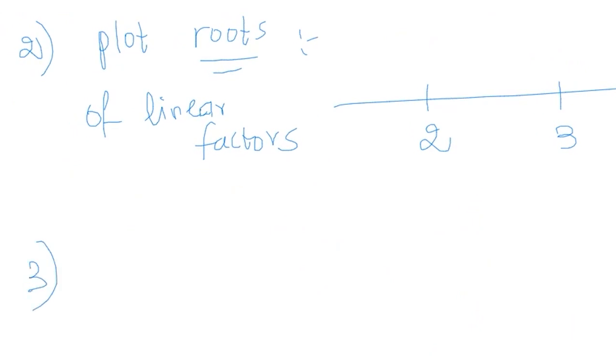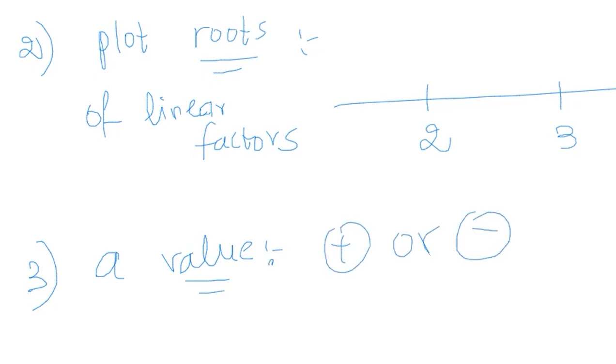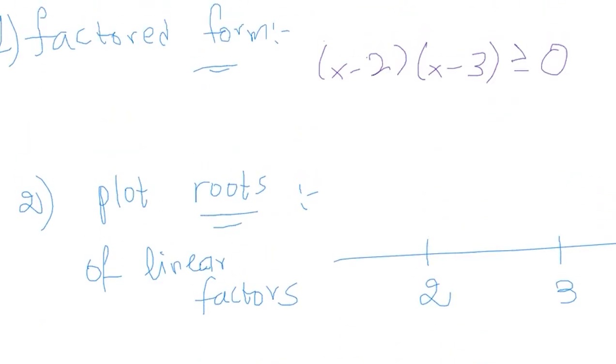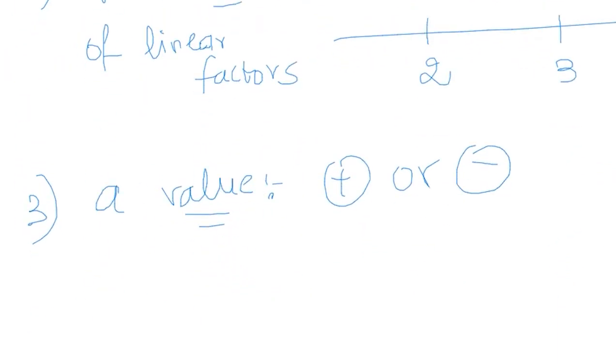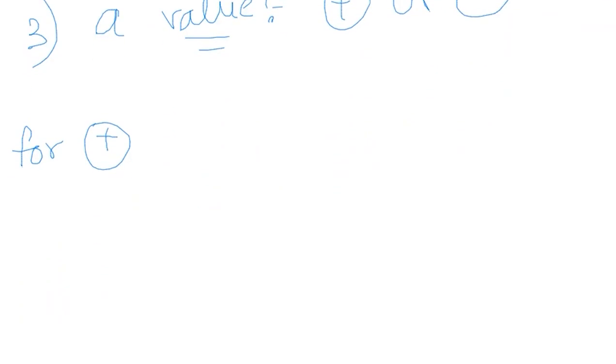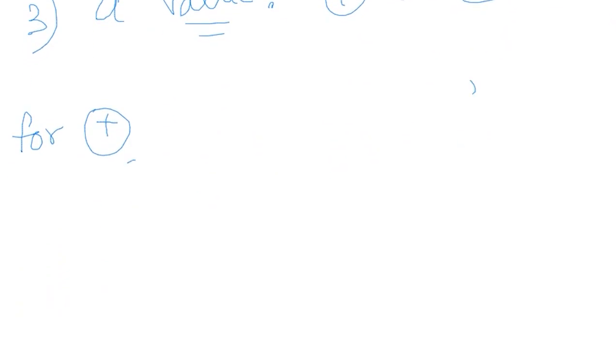Step number 3 is to check the A value, whether it is positive or negative. In this case, it is positive. For A positive, there is one case. For A negative, there is another case.